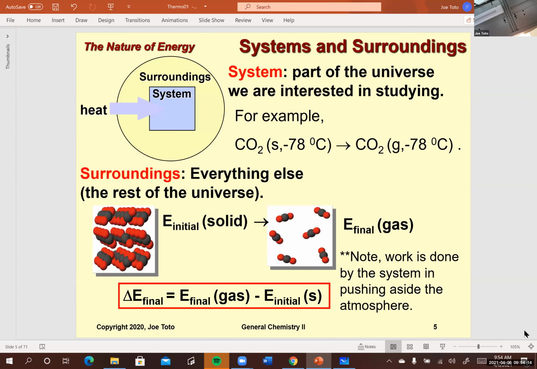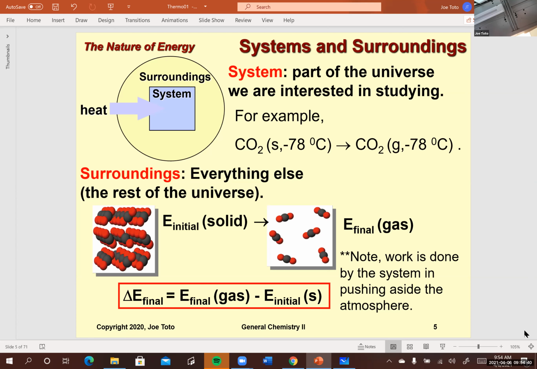All right, now on to thermochemistry. Now, we want to be able to track energy and how it changes from one form to another during a chemical reaction. So one of the things that's often done is to define places where energy can exist.